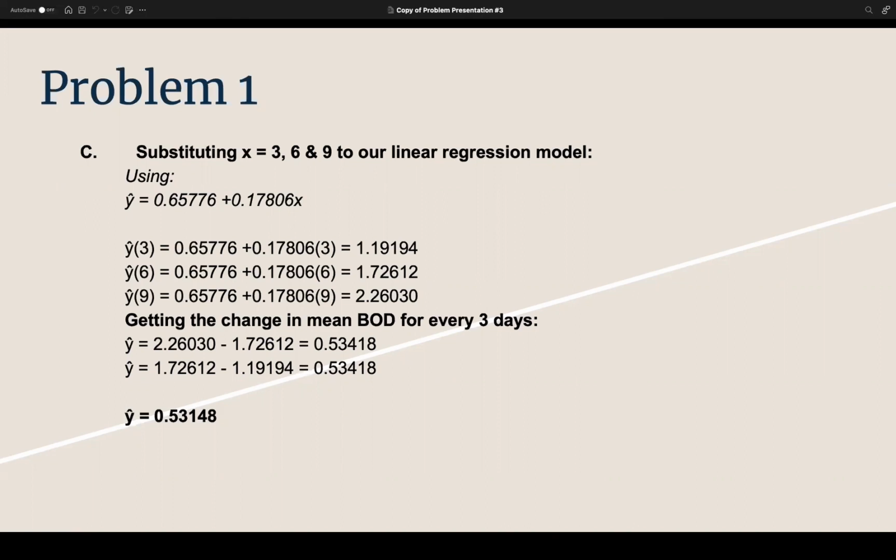Plugging in the values would give us these y values, or the biochemical oxygen demand, and subtracting them would give us a change in the mean BOD for every 3 days. So the value of the change in mean BOD for every 3 days would be 0.53418 biochemical oxygen demand in milligrams per liter.